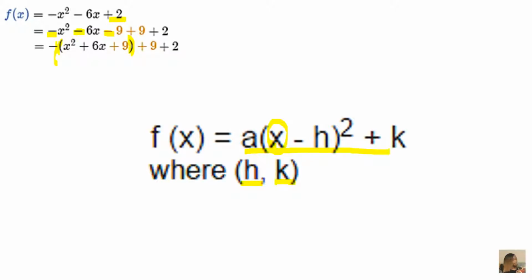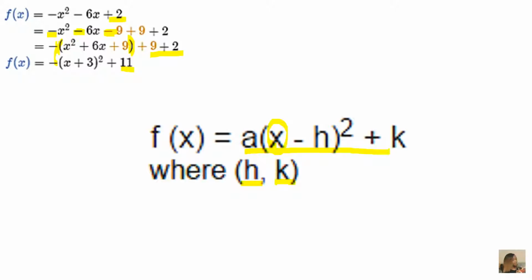I know this is a little confusing, especially the part where we made this -9 instead of +9, but just know this technique. You've encountered it now, you'll be familiar with it in the future, okay? So now if we combine the 9 and 2, we get 11.